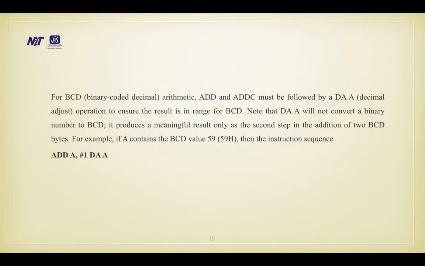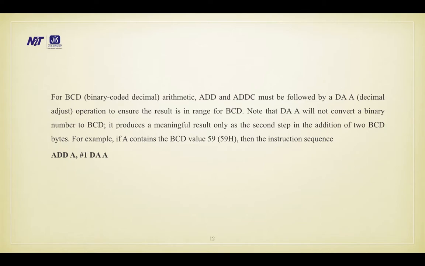For BCD, binary coded decimal arithmetic, ADD and ADDC must be followed by a DAA, decimal adjust operation, to ensure the result is in the range of BCD. Note that DAA will not convert a binary number to BCD.